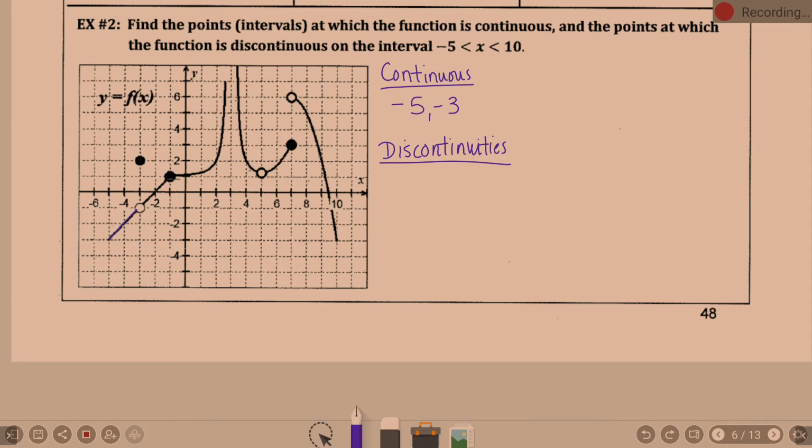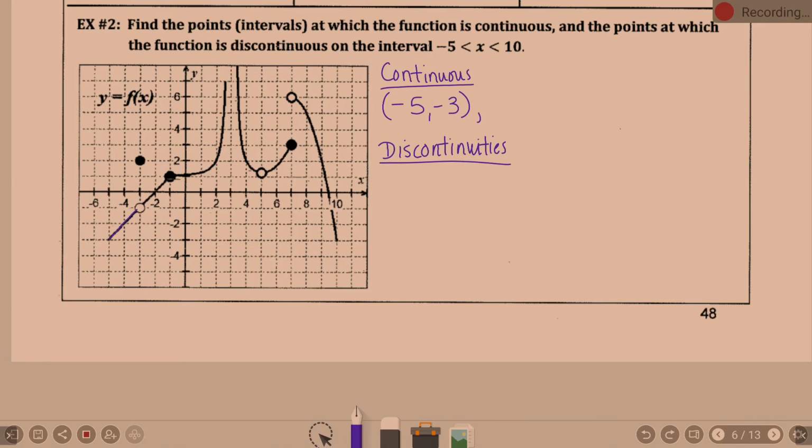Or is that not what they're asking? I was just checking that, honestly. -5, I have in my notes parenthesis. I guess maybe because there's not a point there. That's the only thing I can figure out.